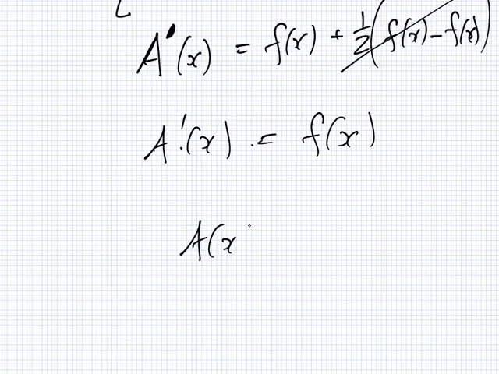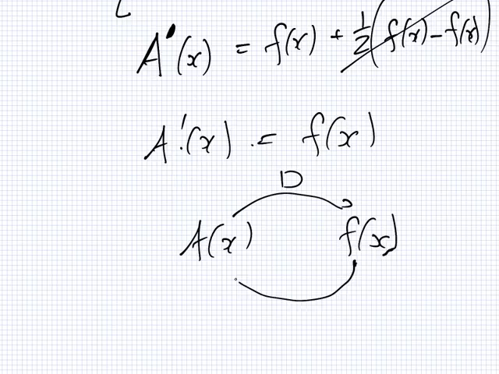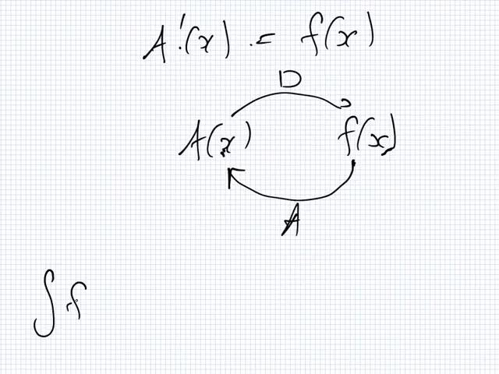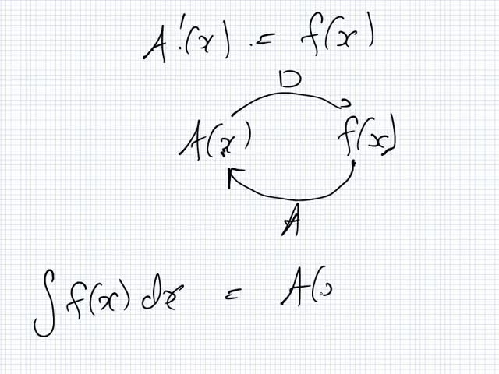So what I'm saying is, if I differentiate a, I get f of x. So then if I anti-differentiate f of x, what do I get? Area. So I'm saying that the antiderivative of f of x is equal to the area.